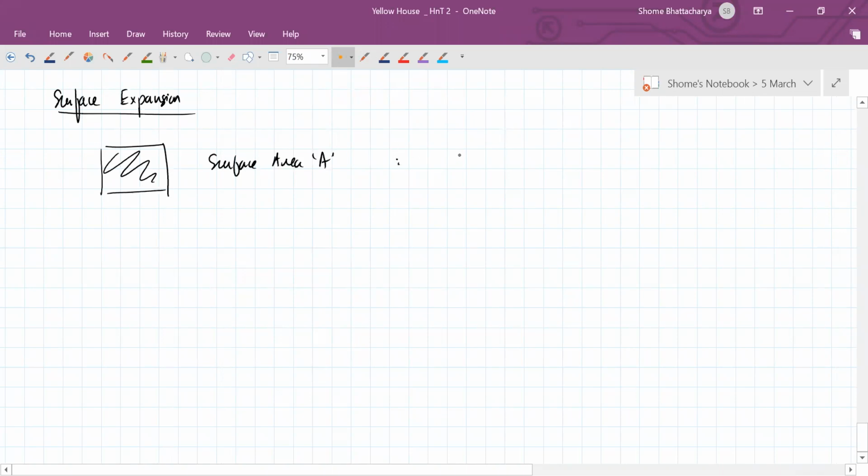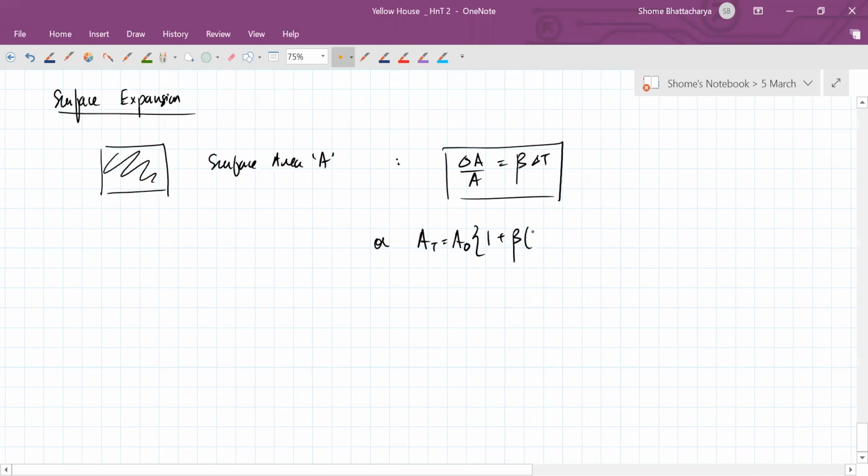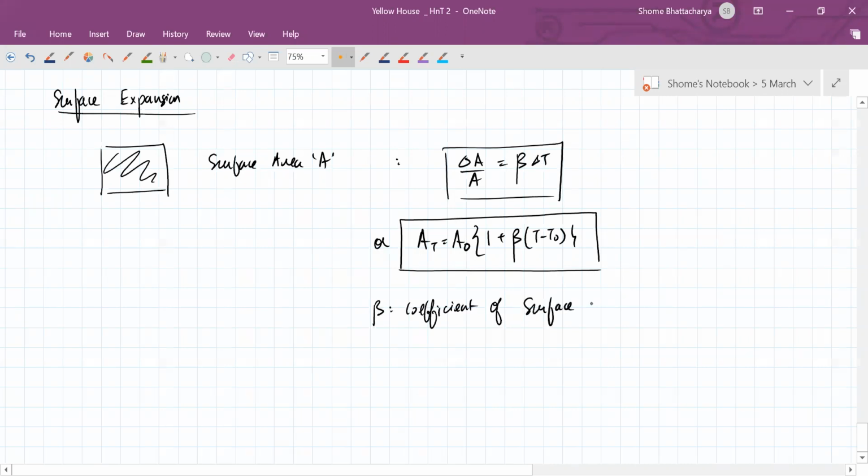Then the surface area expands according to this formula, or area at temperature T is area at temperature T naught into 1 plus a certain coefficient beta into temperature difference, where beta is called the coefficient of surface expansion.